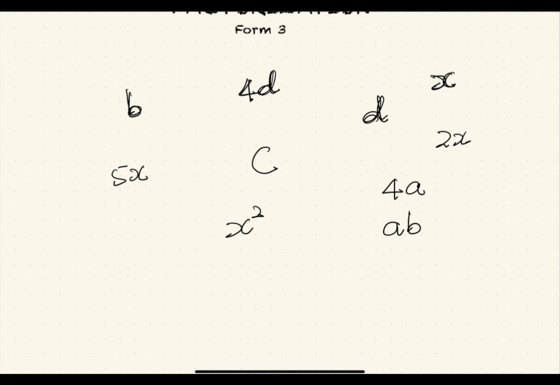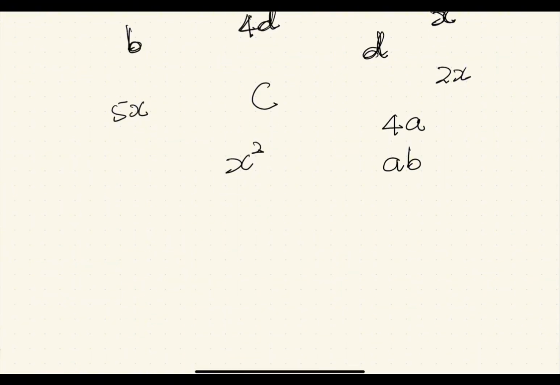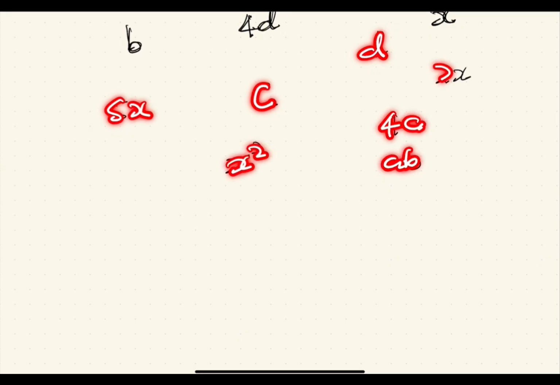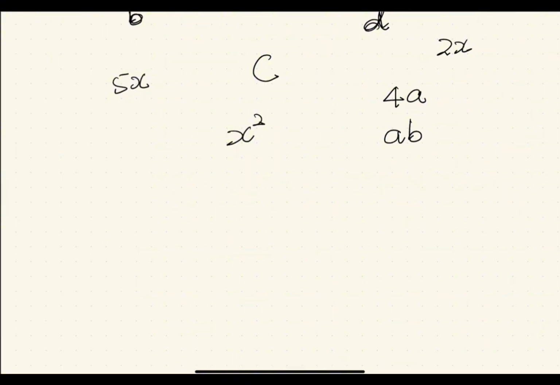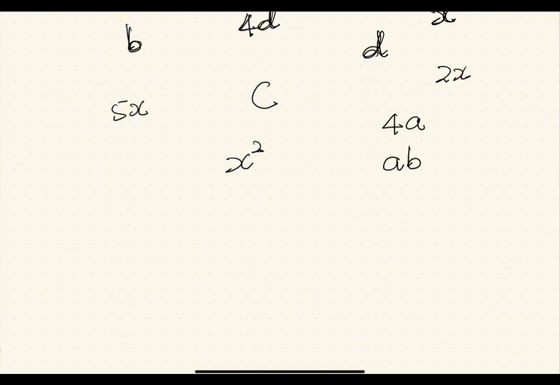So before we also talk about the factorization of algebraic expressions like C, D, 5x, x squared, a, b, 4a, 2x, and all of this, we have to understand that expressions can come in different forms. So for example, these expressions can add each other.